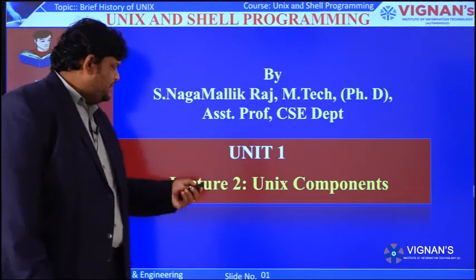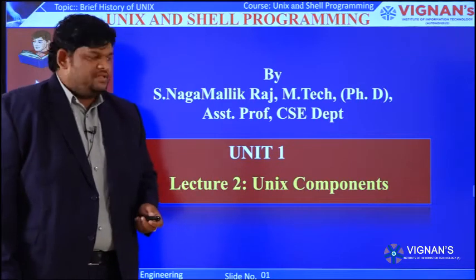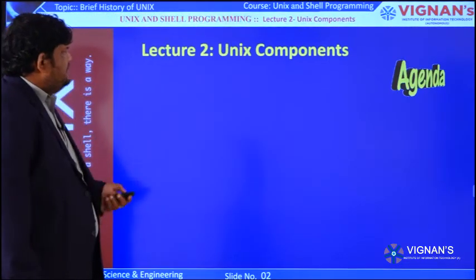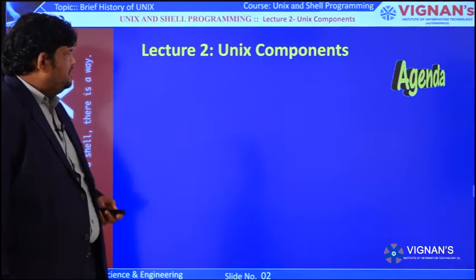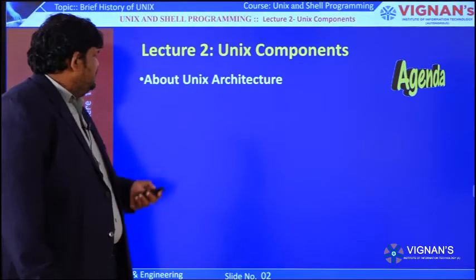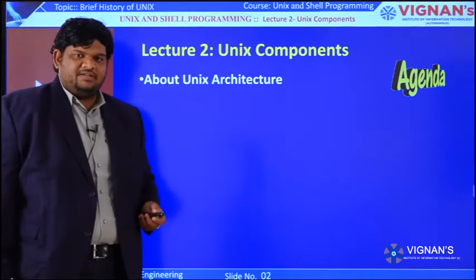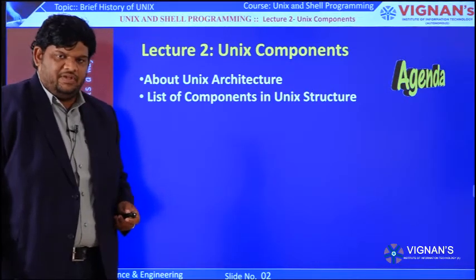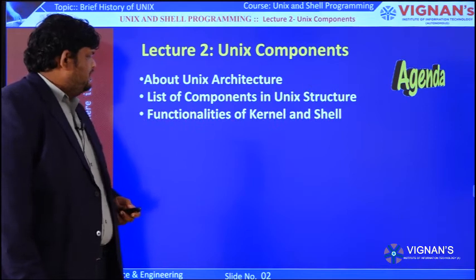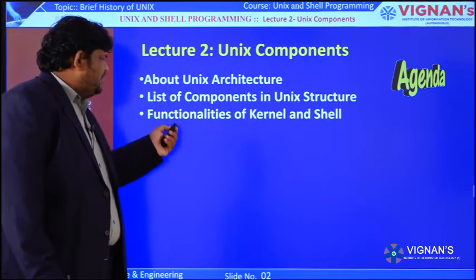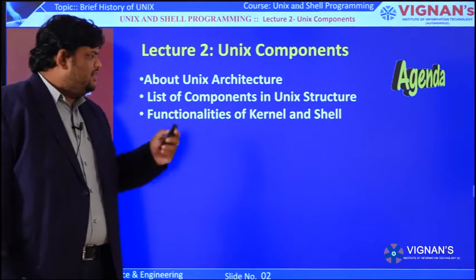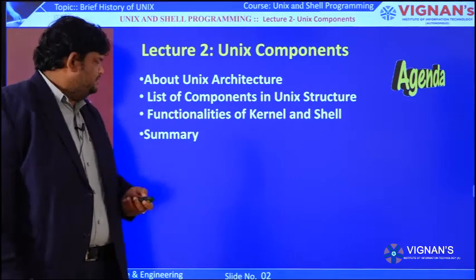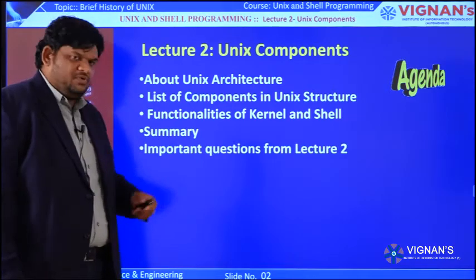Now, coming to the present lecture, Unix components. These are the topics that we are going to cover. One is Unix architecture. Second, the list of components in the Unix structure. Next, let us see the functionalities of the kernel and the functionalities of the shell. And finally, a summary and some questionnaire.